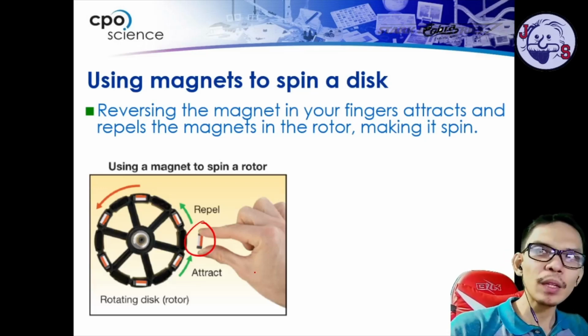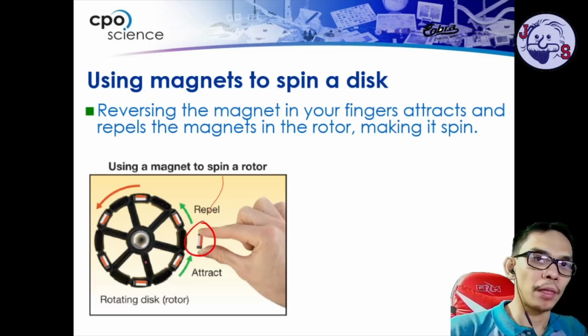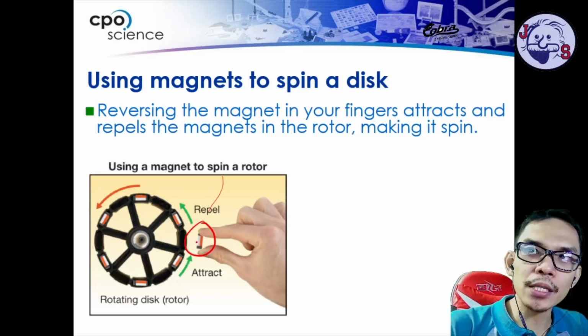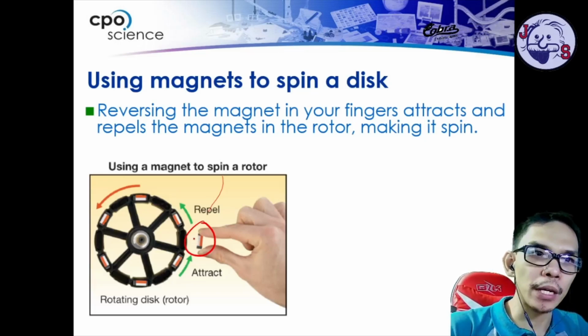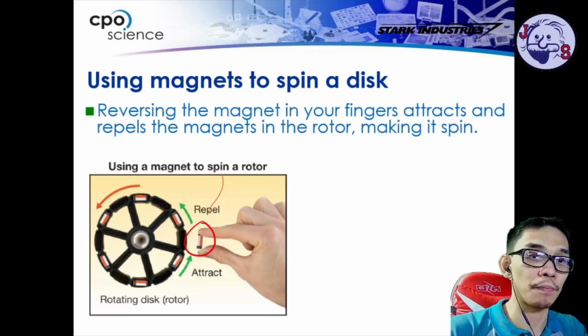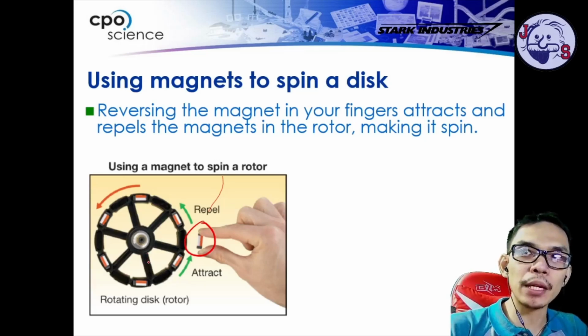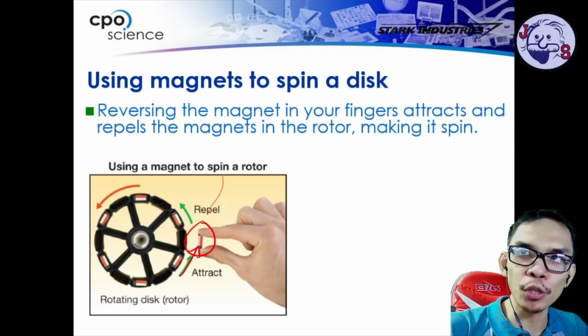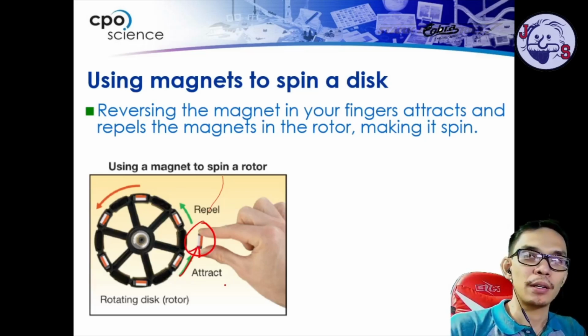As you can see, this pole that you have right here will be attracted to the north pole of this part of the rotating disc. It will be attracted to that part, and therefore it will follow, or be pulled towards that particular magnet.